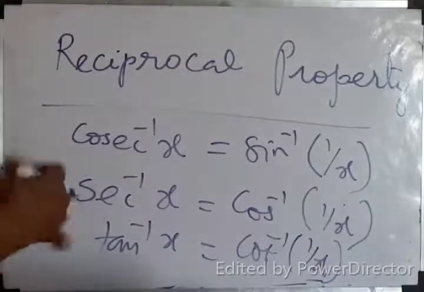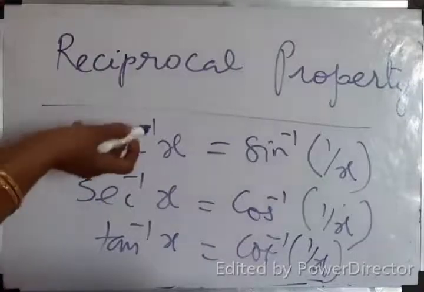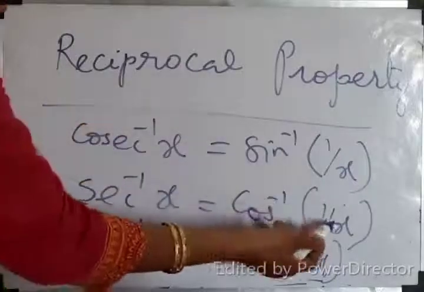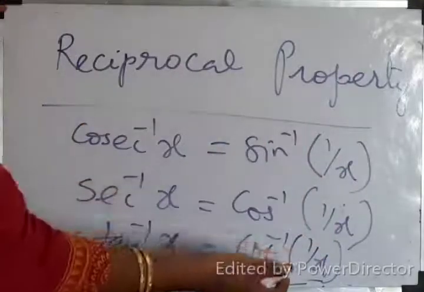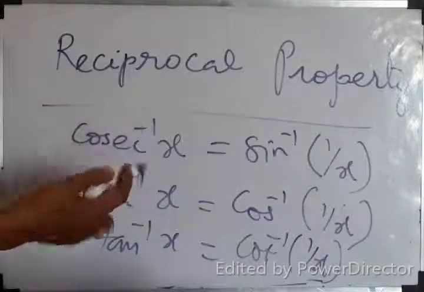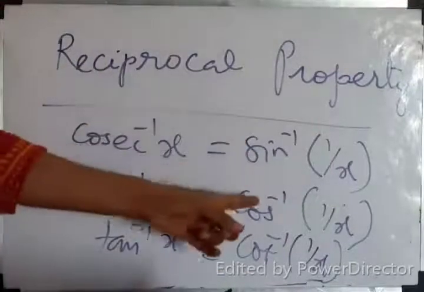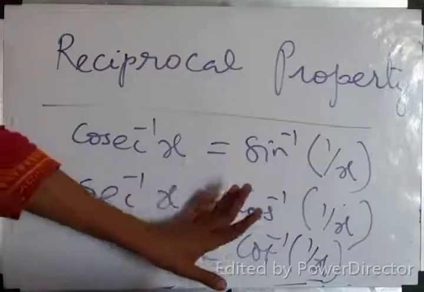Or the other way also you can write. Sine inverse 1 by x, you write cosecant inverse x. Cos inverse 1 by x, secant inverse x. Cot inverse 1 by x, tan inverse x. Both ways are correct. That's why I already told you in the beginning, sine inverse, cos inverse, tan inverse is enough.